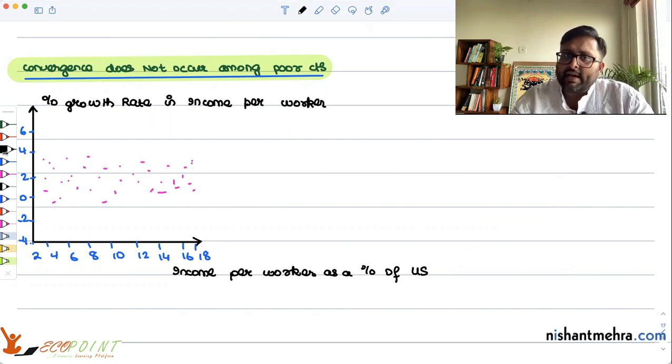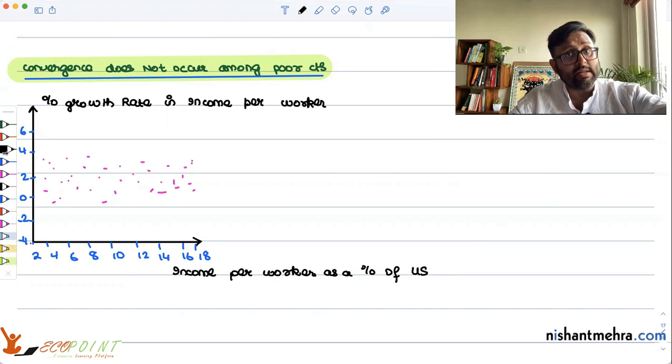Can we say that Ethiopia has the same access to technology as the US has? Can we say that India has the same access to technology that the US has, that the UK has? So the access to technology is not the same.